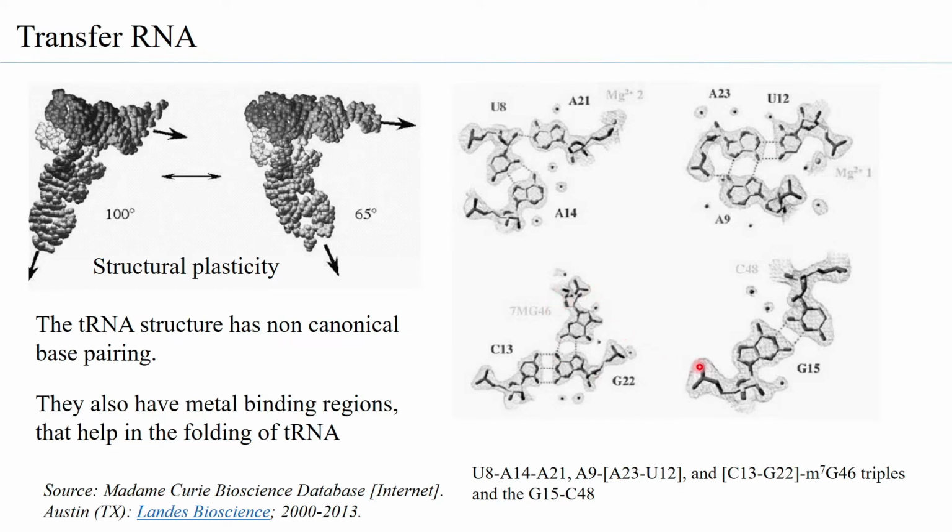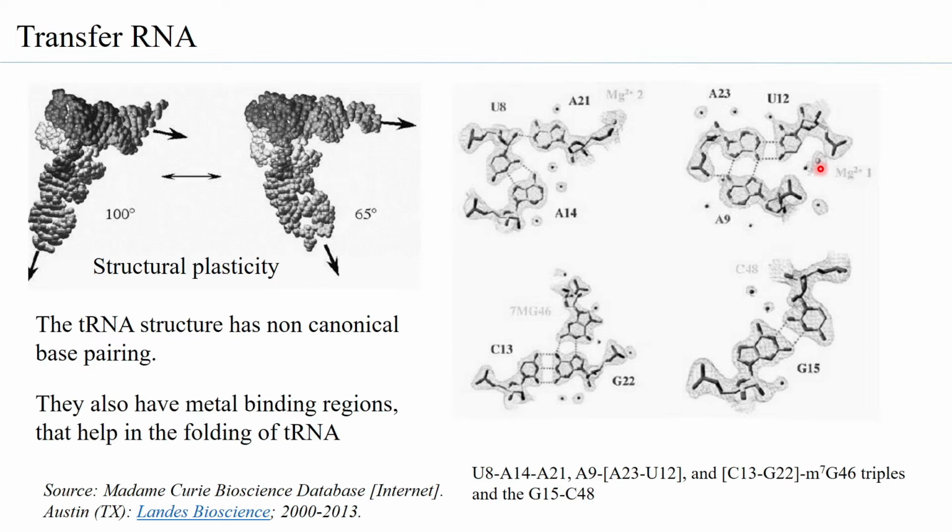But interestingly, what has also been observed is that with a change in magnesium levels, the folding of the RNA can change. And thereby, that can have implications on both the function and the structure of the tRNA.